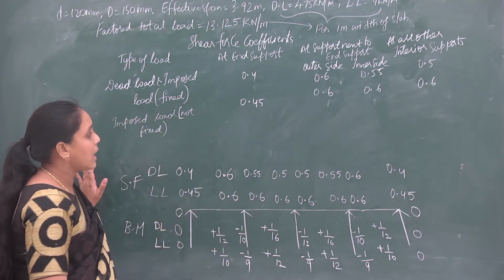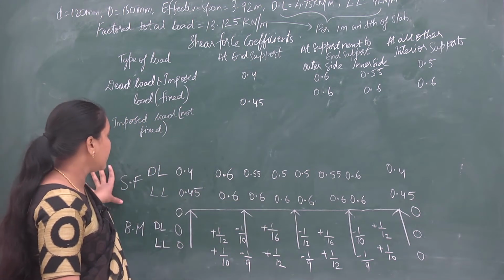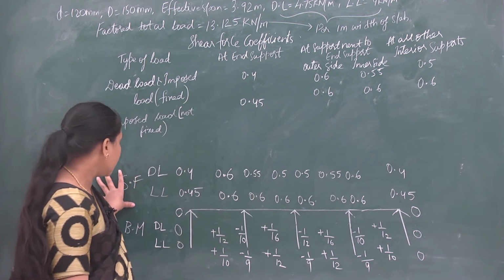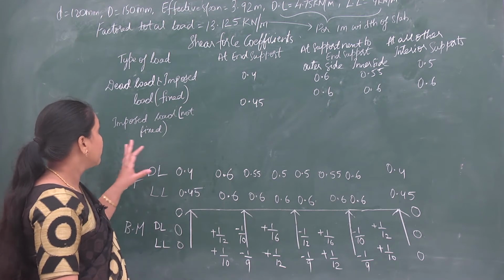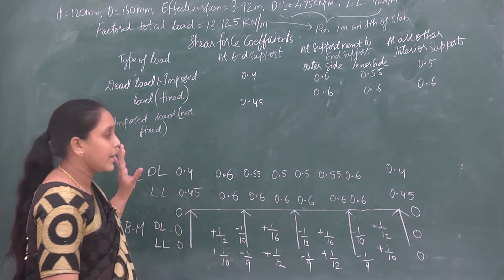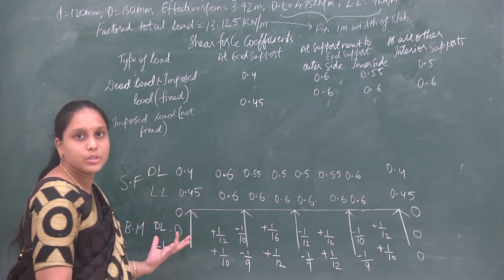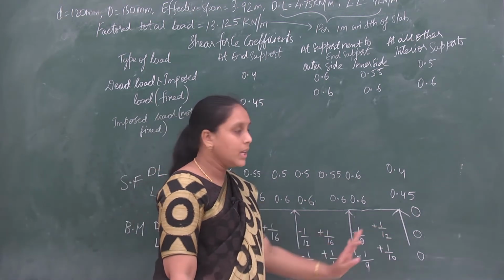So this is how we have written all the shear force as well as the bending moment coefficients for the two types of load, the dead load and live load, for the continuous slab we are designing now.